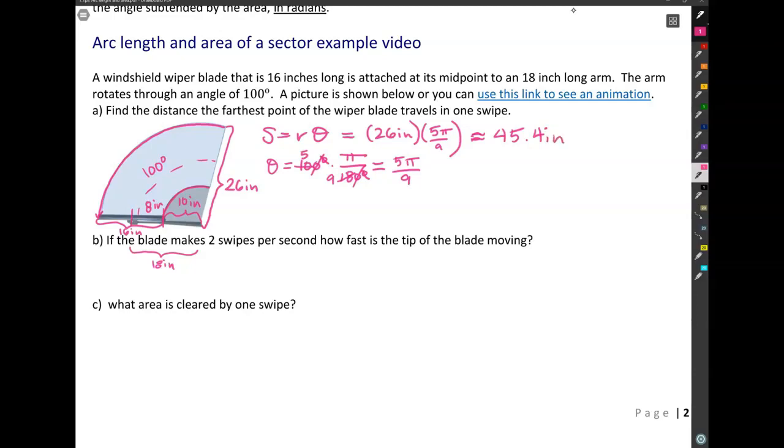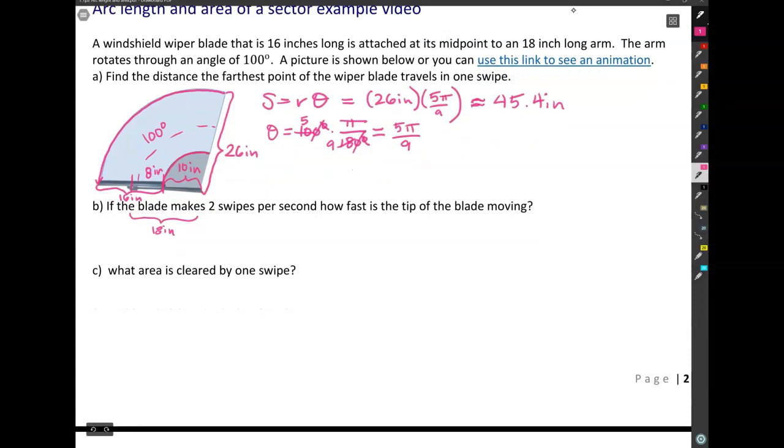So the outer edge of the wiper is traveling roughly 45 inches in one swipe. This next part is kind of looking ahead towards part 3 of this section, where we talk about the speed of something moving along some sort of arc. Here, if the blade makes 2 swipes per second, how fast is the tip of the blade moving?